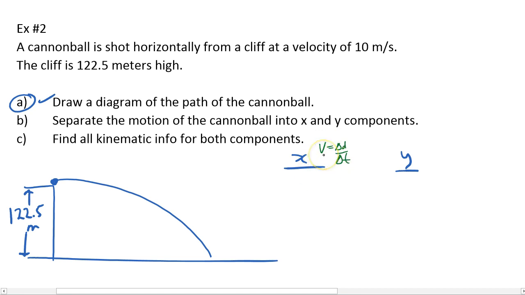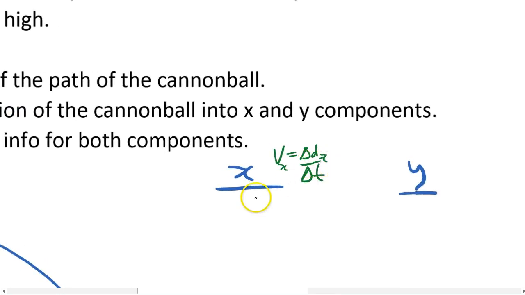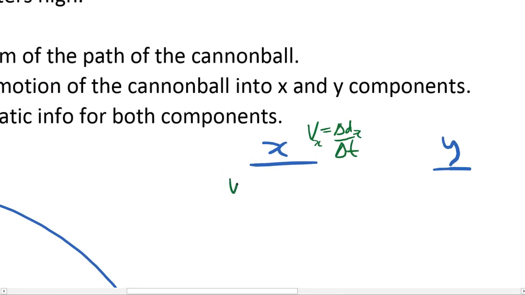I only want to talk about this horizontally, so it's going to be Vx here and dx there. So Vx is equal, this is the only formula we're going to use. So in other words, we're going to be saying, what's Vx, what's delta dx, and what's delta t? Now, time doesn't have a horizontal and a vertical component. So in this one, if we know 2 of those 3, we can find the third, right? That's how math works, okay?